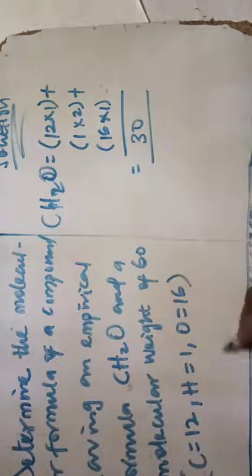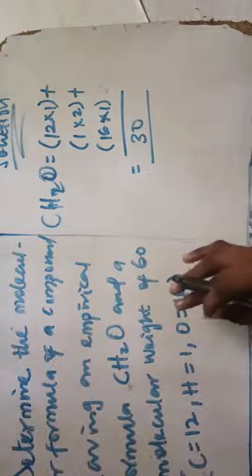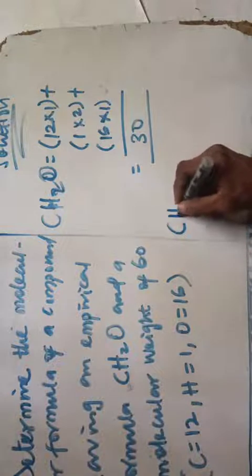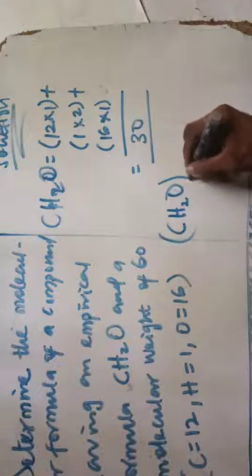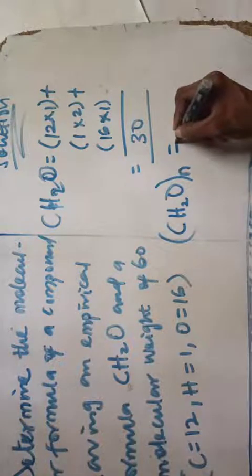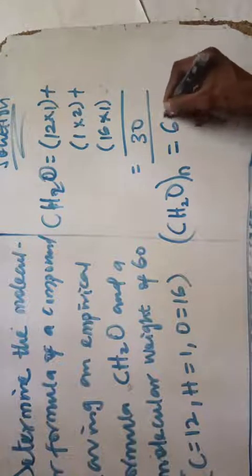Since you are given the molecular weight of 60, next you write it out: (CH2O)n equals 60, that is the total weight.